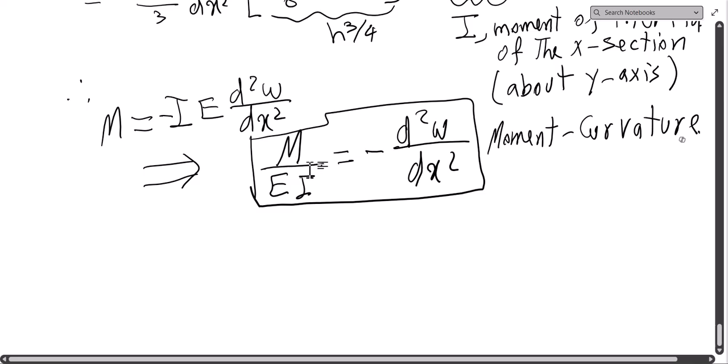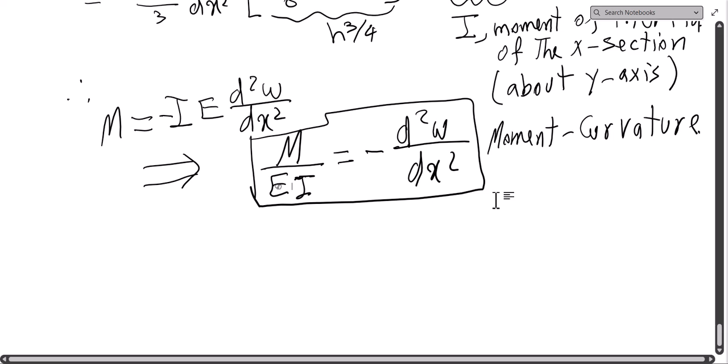vice versa. So here we have to be very appreciative of this relationship that we got in terms of its application. We are saying that if you have an applied load for a given section with some material property and some geometry, the relationship between the moment and the modulus of elasticity and the moment of inertia is actually the curvature with a negative sign.